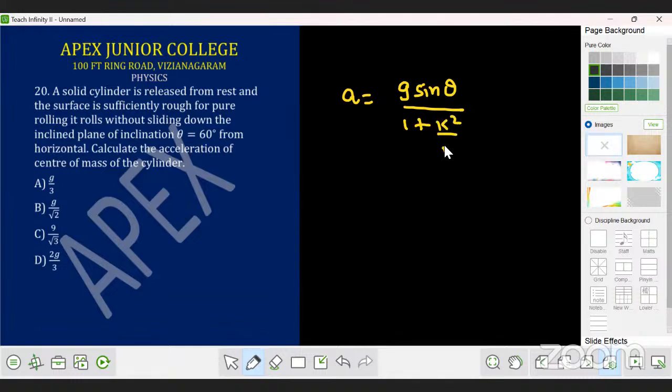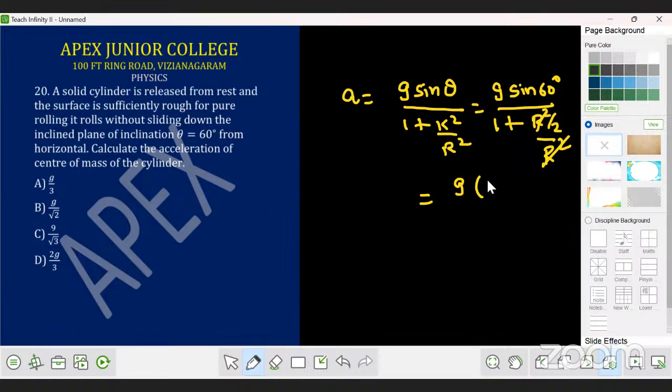is g sin theta by 1 plus k square by r square. Okay. g sin 60 degrees by 1 plus, what type of body is it? Solid cylinder. For a solid cylinder, what is the formula for moment of inertia? M r square by 2. That means here k square value is nothing but r square by 2. Of course, r square and r square will be cancelled. 1 plus 1 by 2 is 3 by 2.